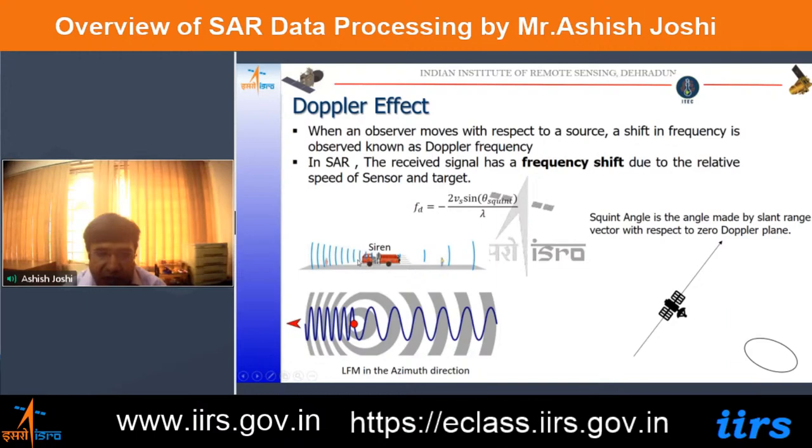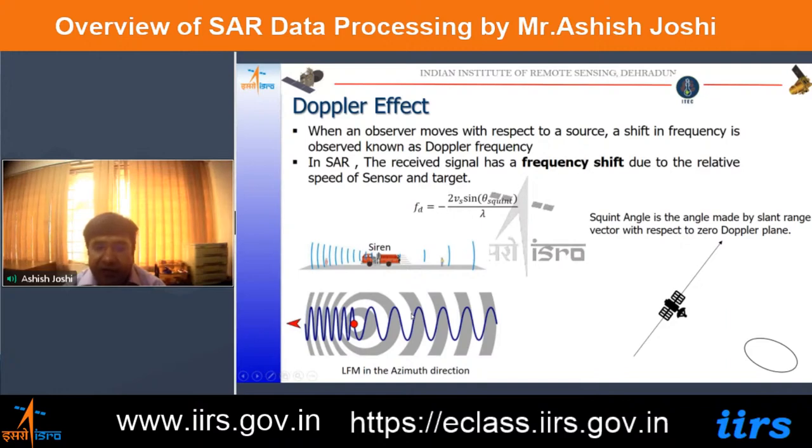So in this Doppler we have an LFM kind of signal, meaning a varying frequency: here the frequency is increasing, here it is decreasing. With the motion of the SAR, the Doppler effect gives the LFM in the azimuth direction.